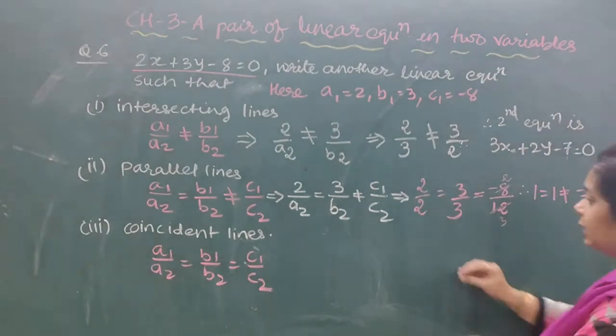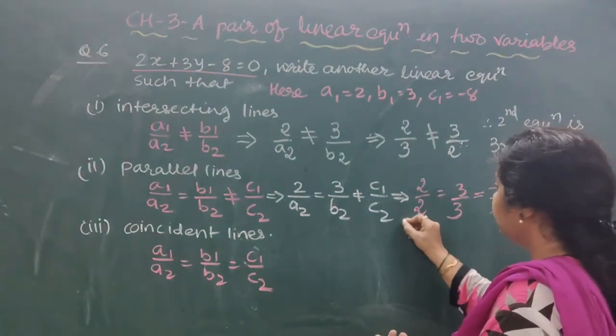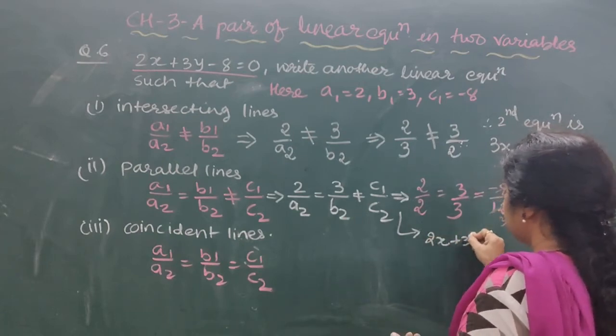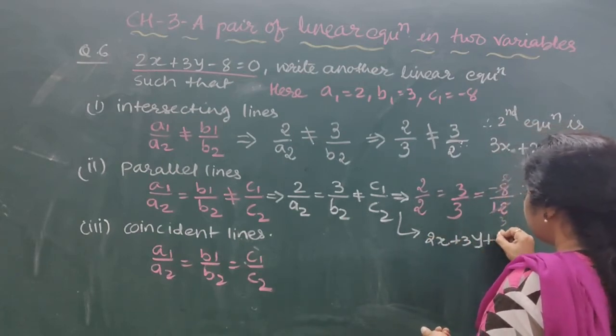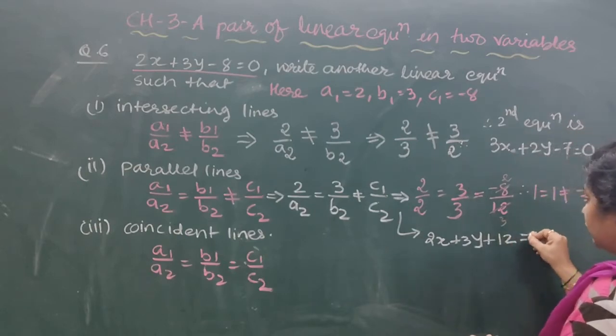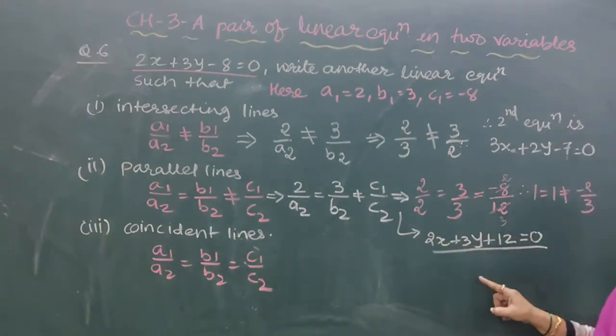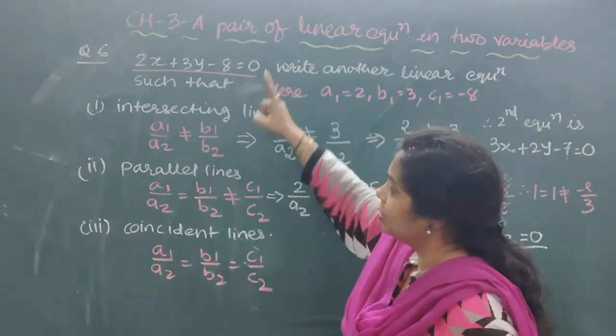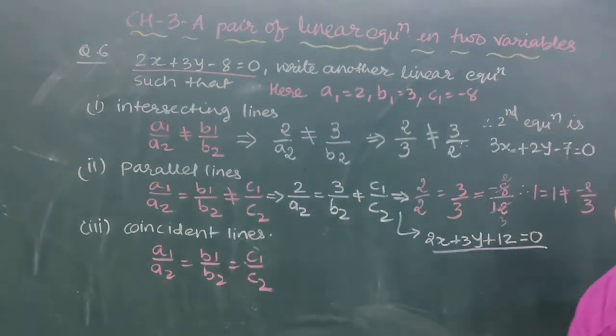So the other equation we get from this is 2x plus 3y plus 12 is equal to 0, which can pair with this one to get parallel lines.